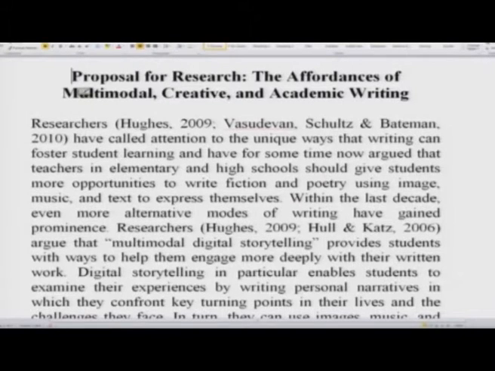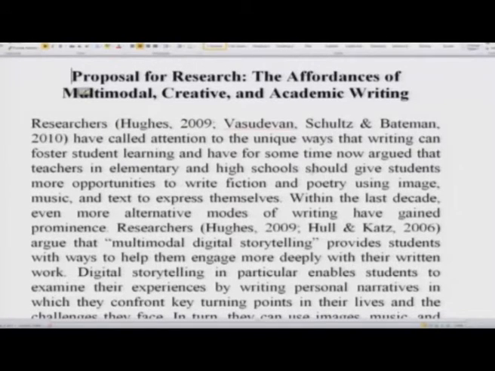Researchers Hughes 2009, Vasudevan, Schultz and Bateman 2010 have called attention to the unique ways that writing can foster student learning and have for some time now argued that teachers in elementary and high schools should give students more opportunities to write fiction and poetry using image, music and text to express themselves. So, this is the claim.